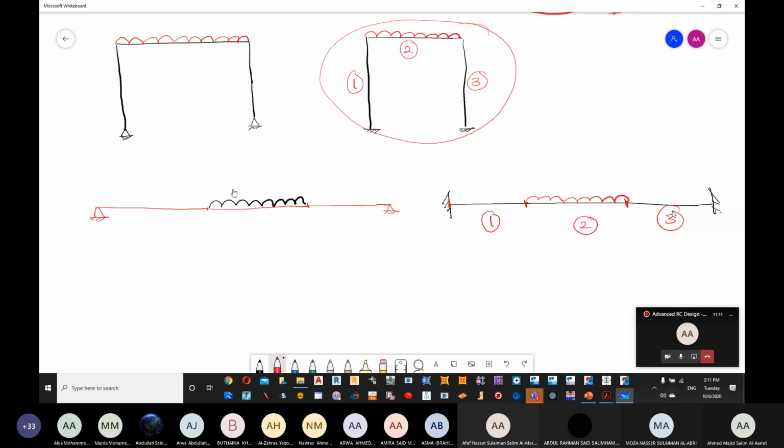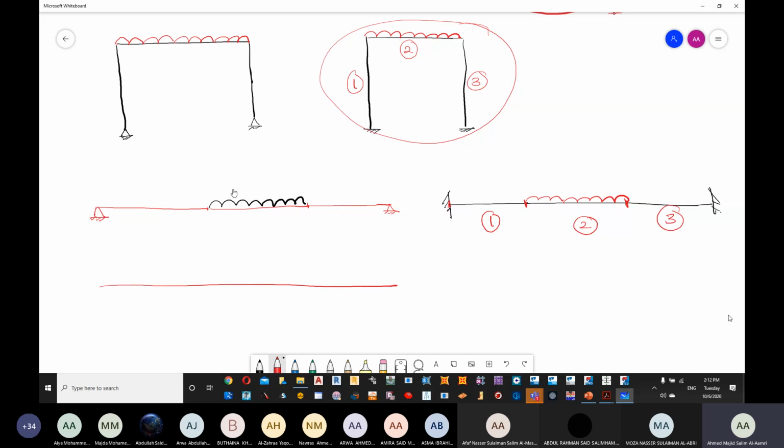Yes, Mister. Thank you. Now we want now to draw the bending moment. How will you draw it? Now first thing we'll try to go to the support. Yeah, we'll try to eliminate or try to do the easiest part. Okay.